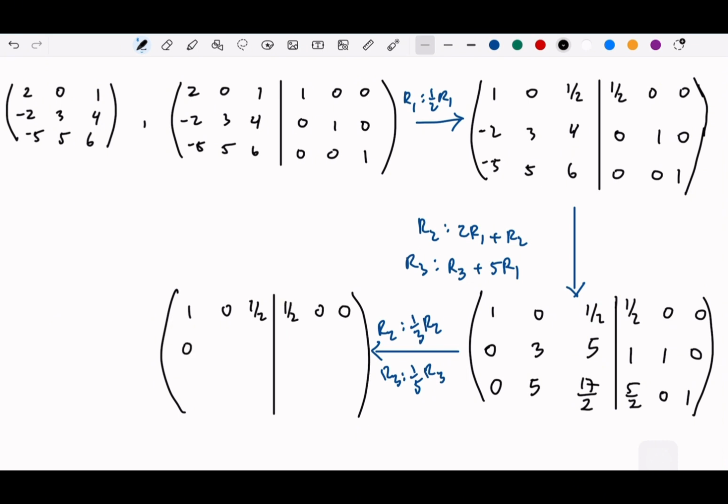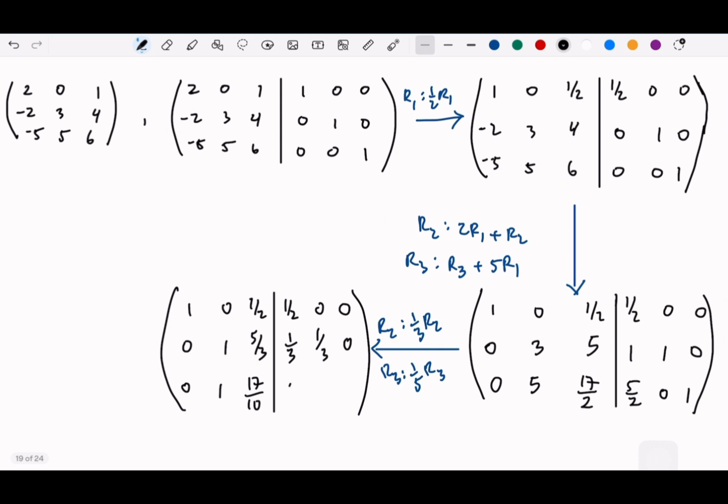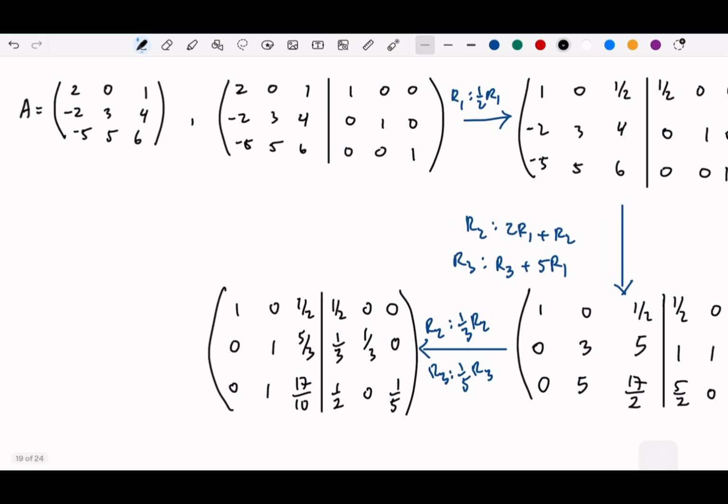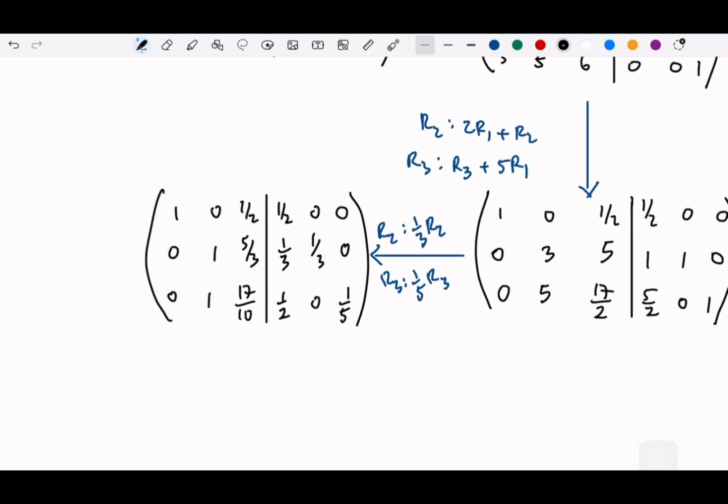So 0, 1, 5/3, 1/3, 1/3, 0. 0, 1. Wait, this is 5, 5, 1/2. Okay, now it's become ugly. Okay, we can have this.